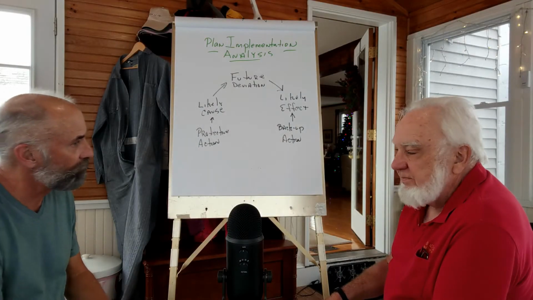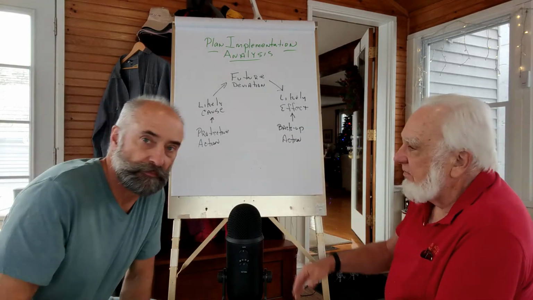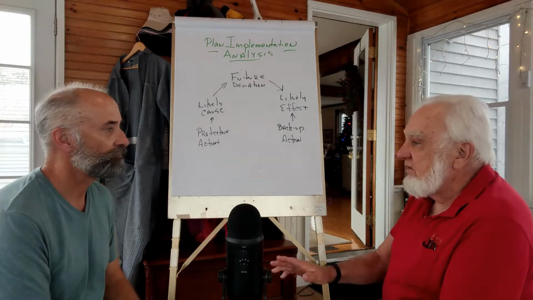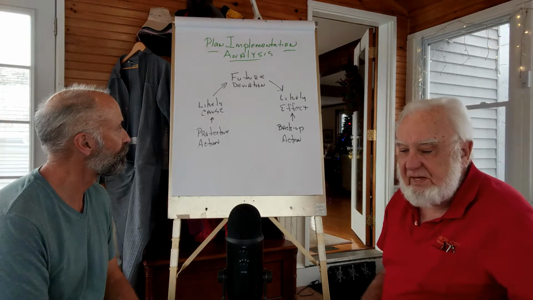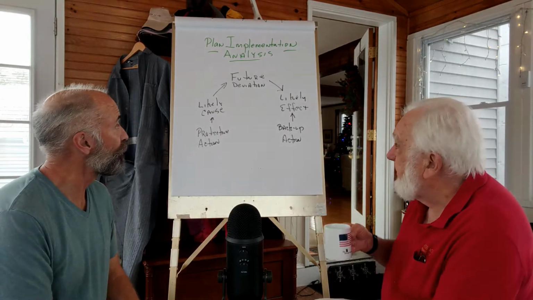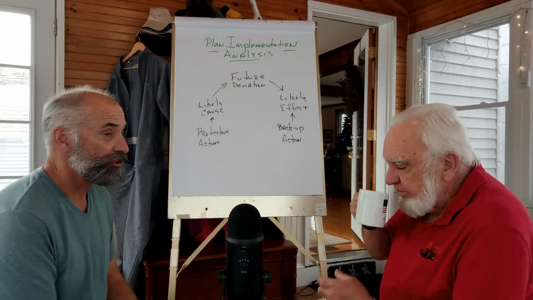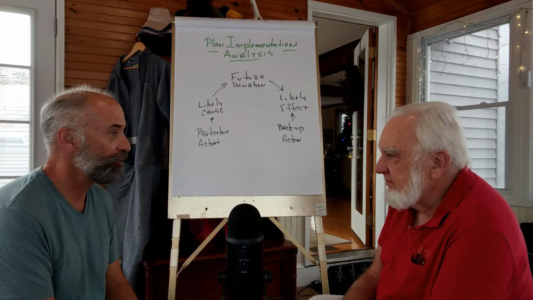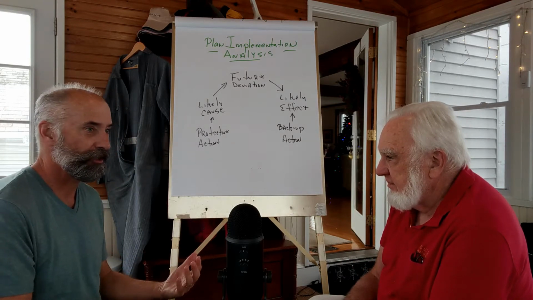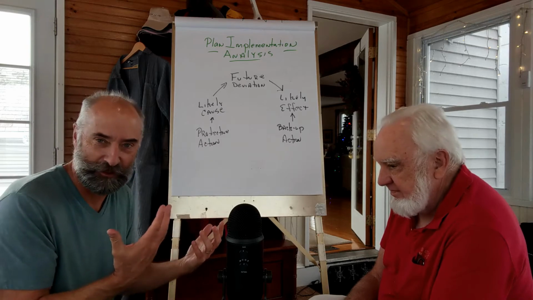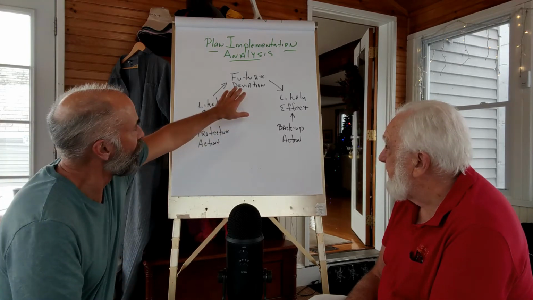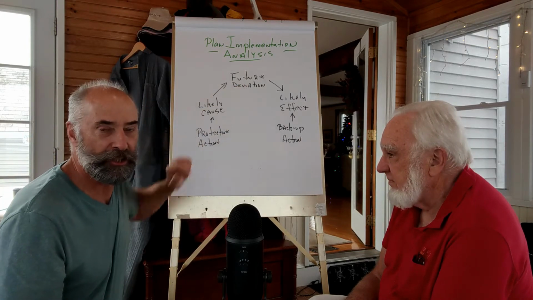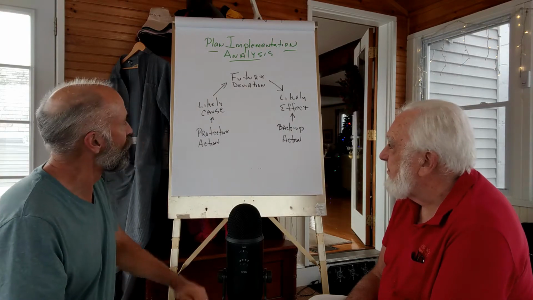The next example is going to be about a process we call plan implementation analysis. Rob, can you quickly run through the steps? Okay, so plan implementation analysis is looking ahead, and what we're trying to do is create a plan that is risk proof. Ideally, we look ahead and consider what things might go wrong in the future.